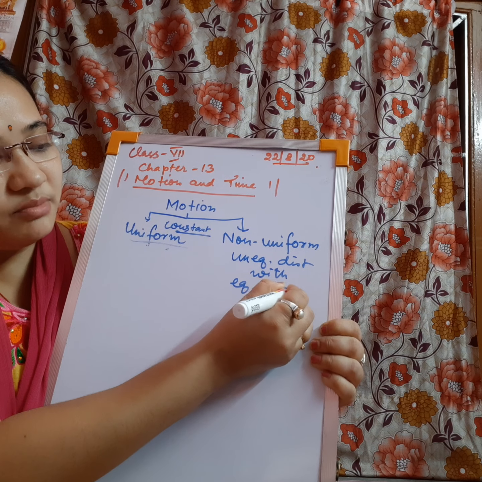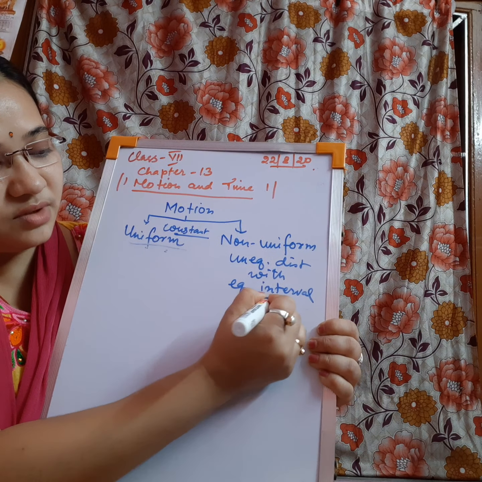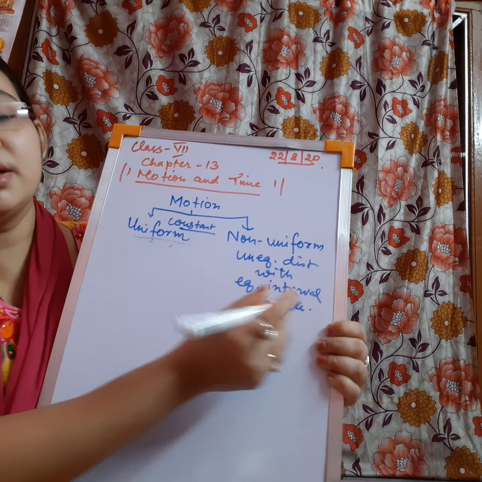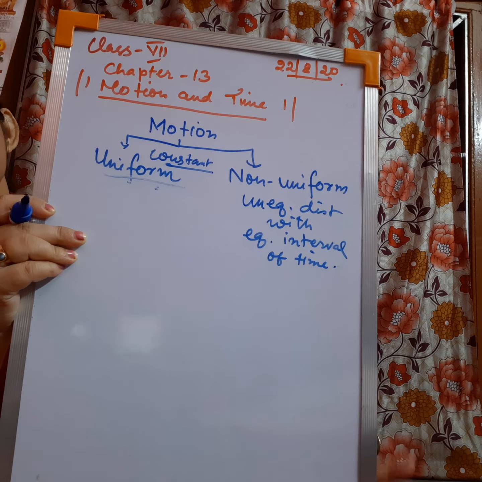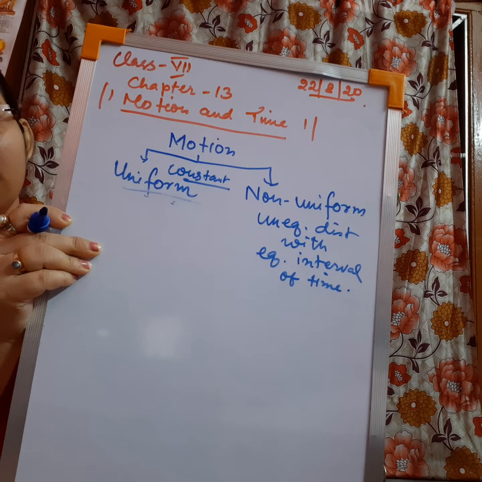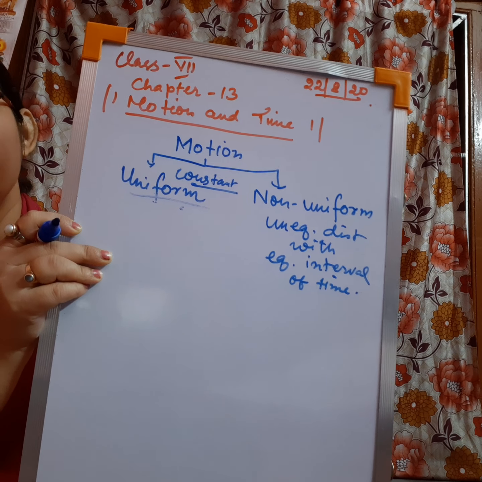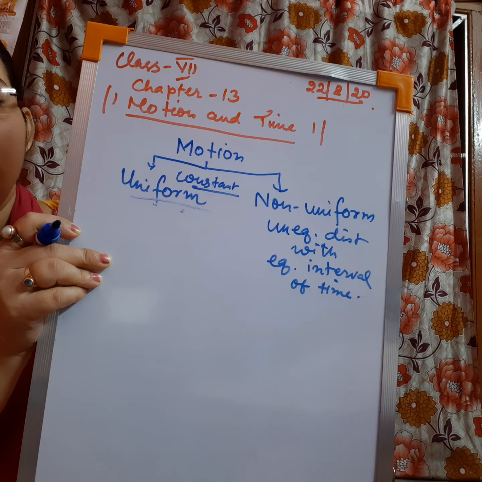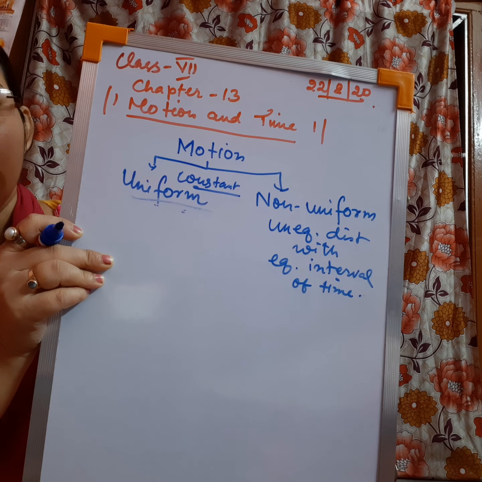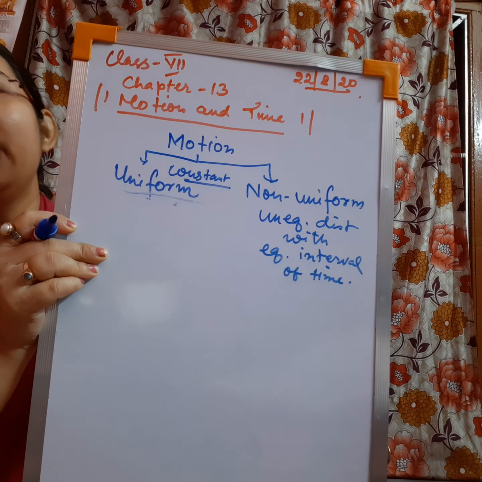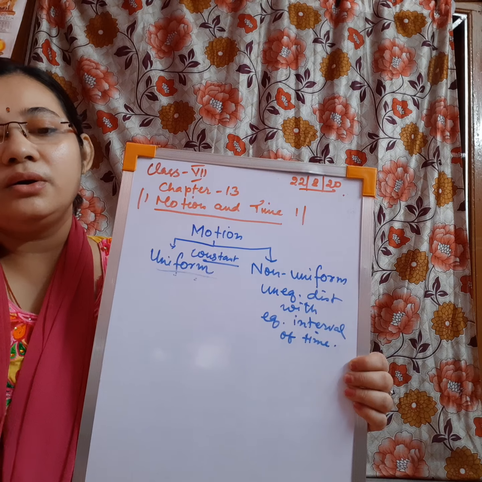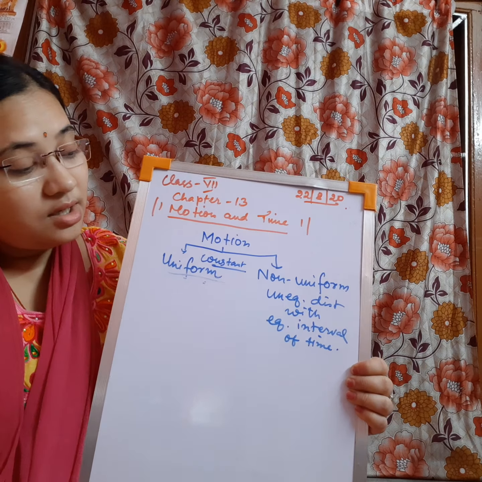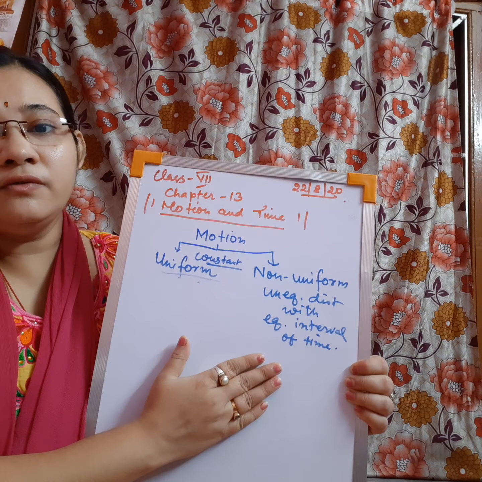Time is equal here, but the distance is unequal. Also, such kind of motion is said to be non-constant motion. Okay, the body does not move with a constant speed, and in the distance time graph, the graph is not a straight line, but it can be any curved line or any other type of line. Okay, so that is the difference between uniform and non-uniform motion.